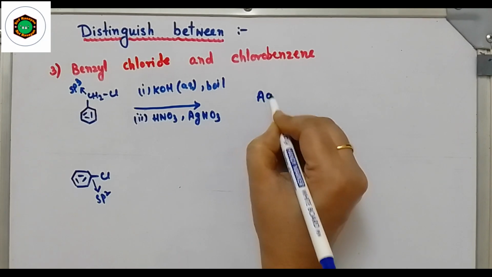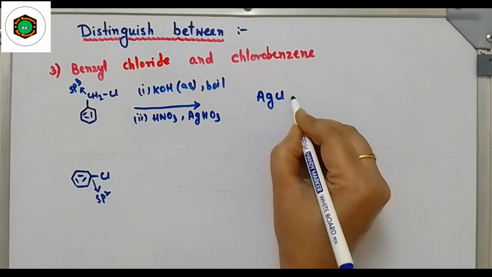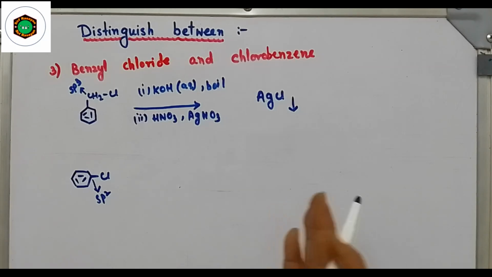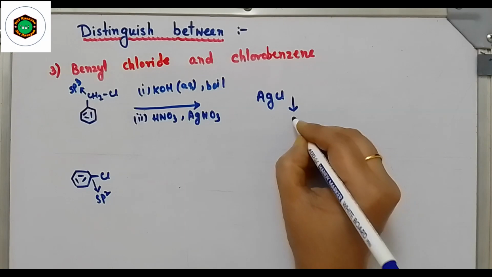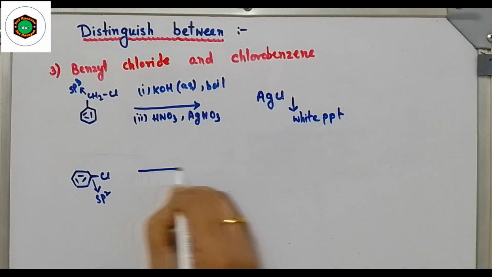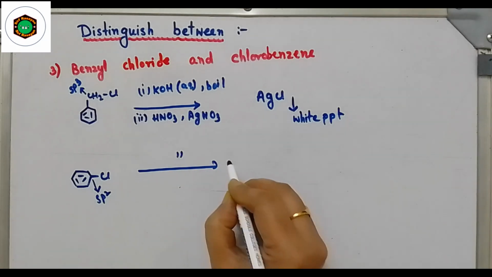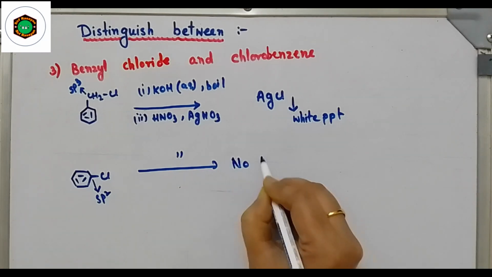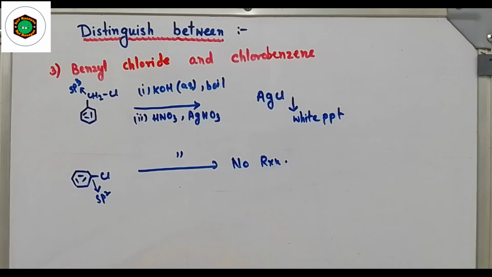A white precipitate of AgCl will form. The detailed reaction I have explained already for 1 and 2. And here by similar treatment there is no reaction, no white PPT.